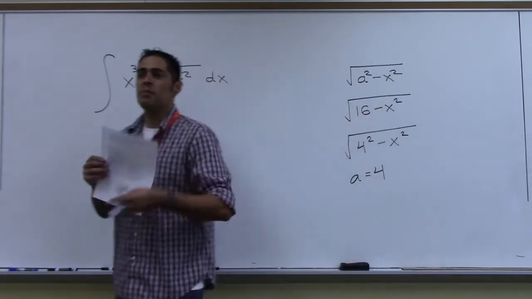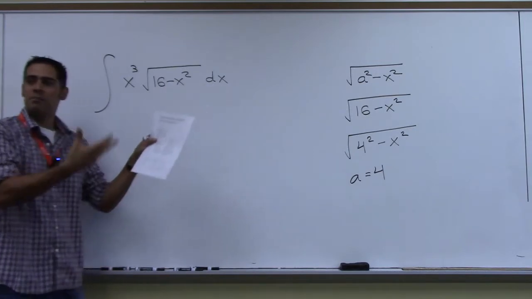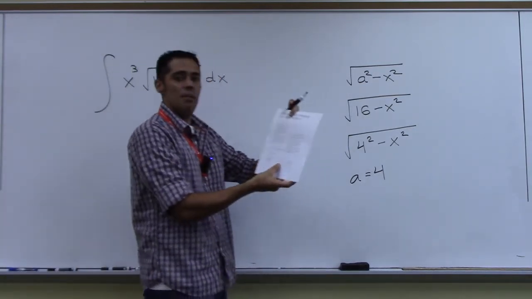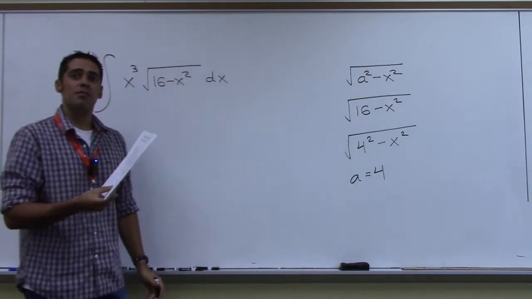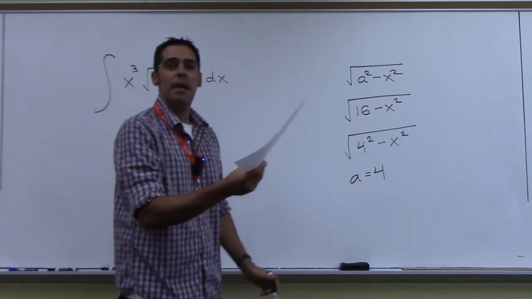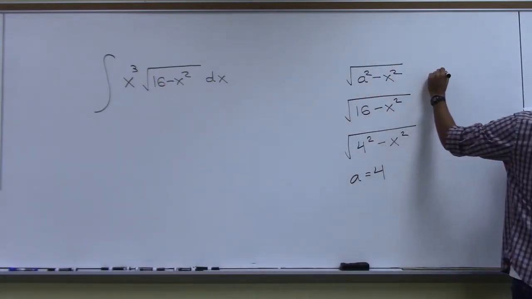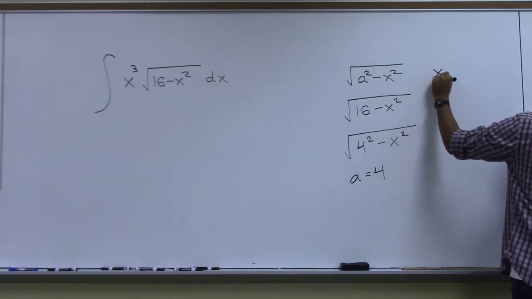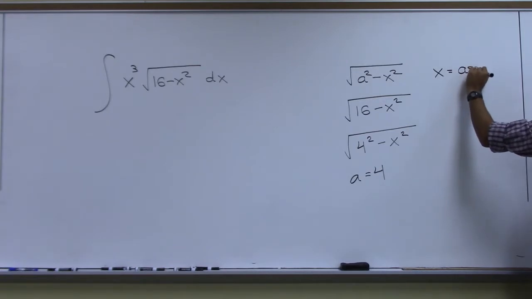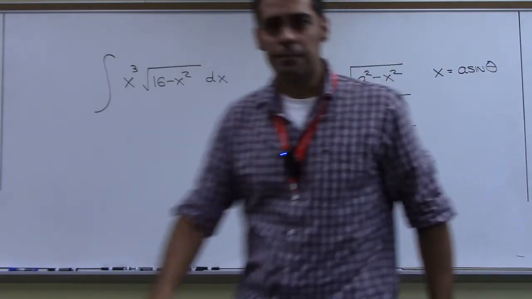So what does this thing say I'm going to do? The way this table reads is the left column says, what expression do you have? Well, I have this expression. The next column says, what is the substitution that you would need to make? It's telling me that I need to use x is equal to a sine theta.